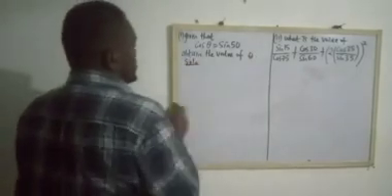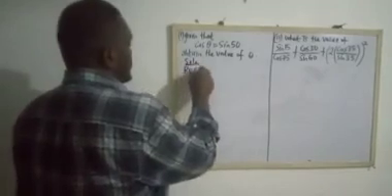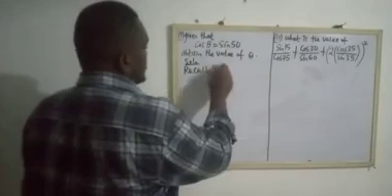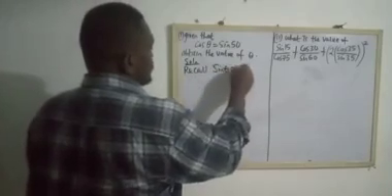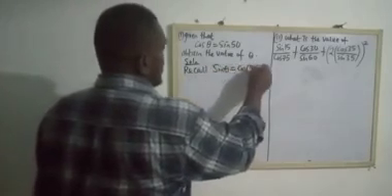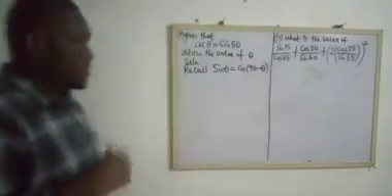Solution, recall that sin theta is always equal to cos 90 minus theta. We've shown this.